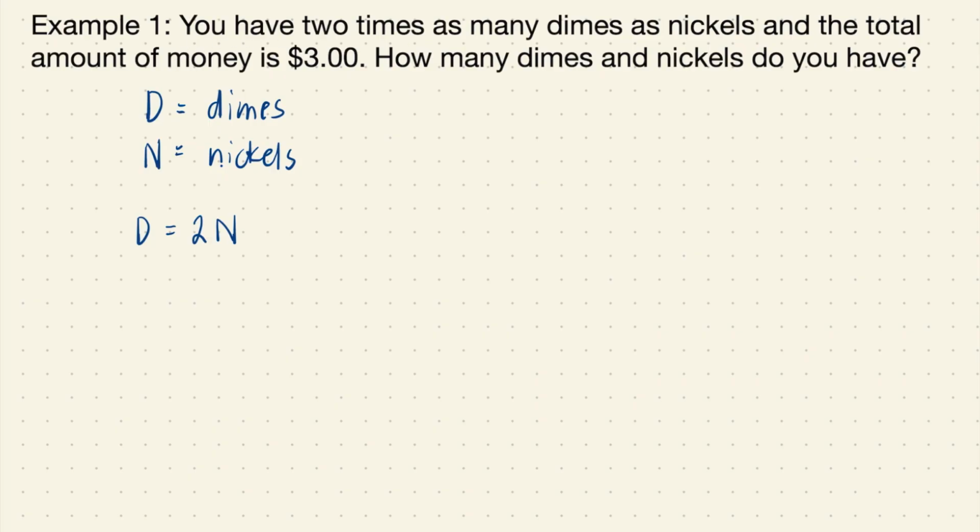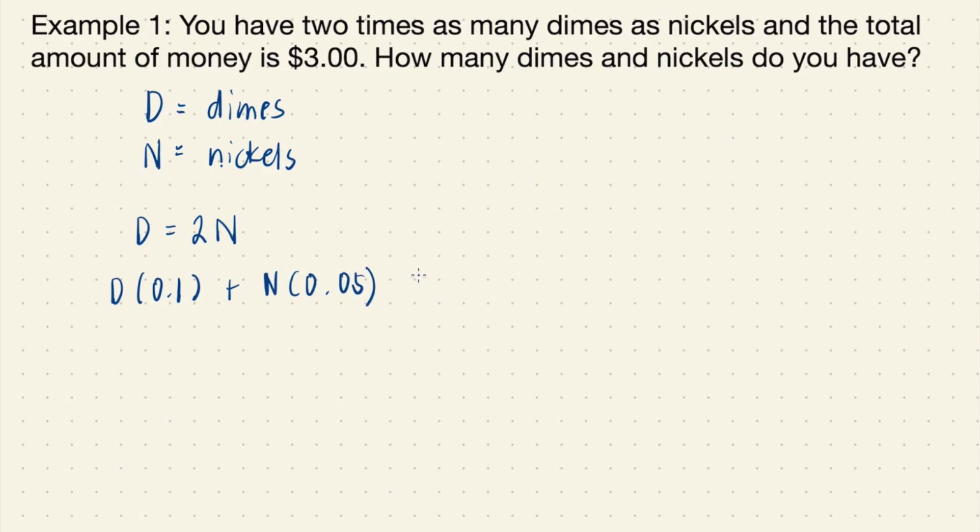The second sentence tells us the total amount of money is $3. So we have to multiply the number of coins by their corresponding amounts. A dime is 0.1, and a nickel is 0.05, as you remember from the previous illustration.